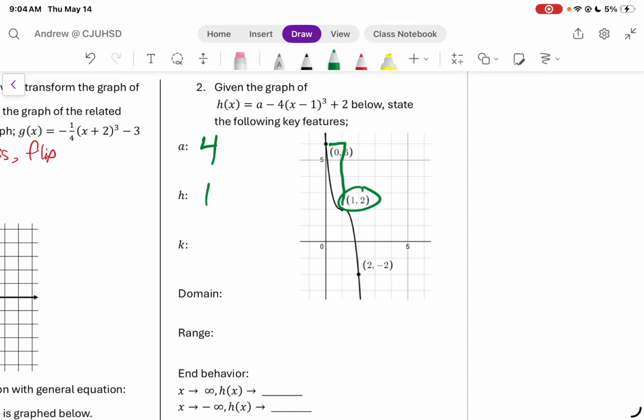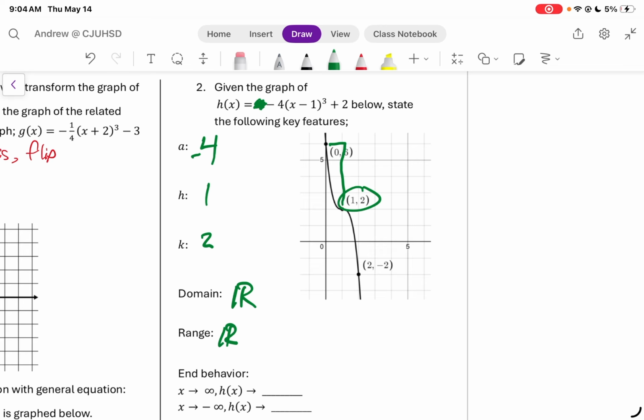And then, there's a little typo here I just noticed. Right there, that shouldn't have an a. So actually it's -4 because it also flipped. And k is 2.